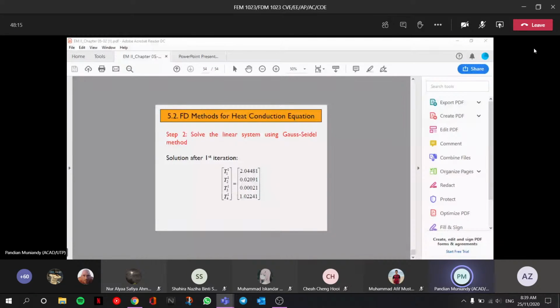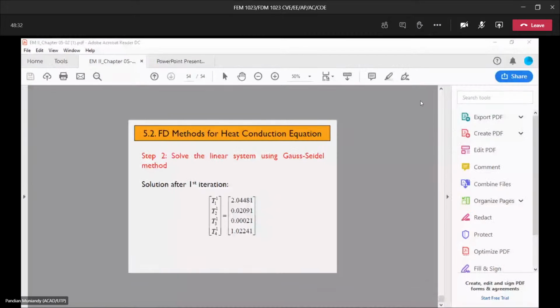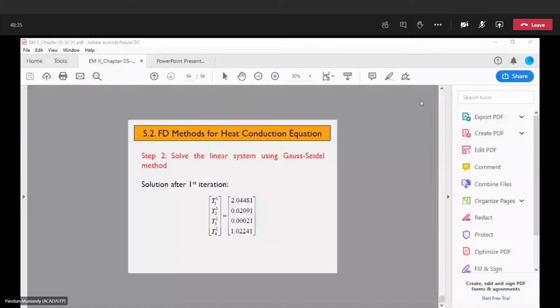T14 is 0, but T12 is equivalent to 0.020901. So the whole thing is divided by 2.04175. So 0 plus 0.020875 multiplied by 0.020091, yeah?